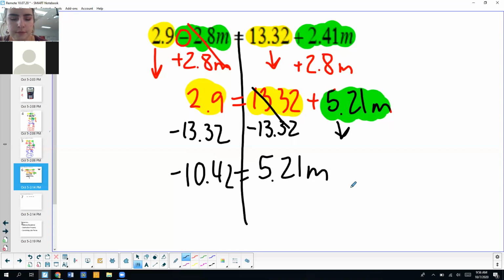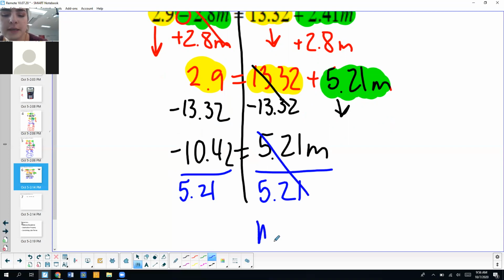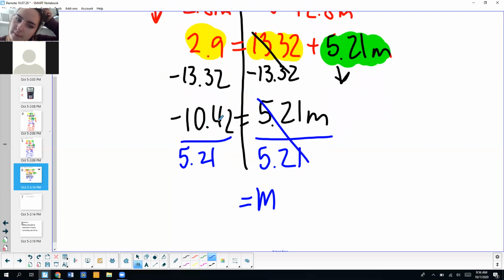I've got my variable terms on the right, I've got constants on the left. I can divide both sides by 5.21. Remember, we're trying to get m by itself, so 5.21m divided by 5.21 just gives me m by itself. And then I've got negative 10.42 divided by 5.21.